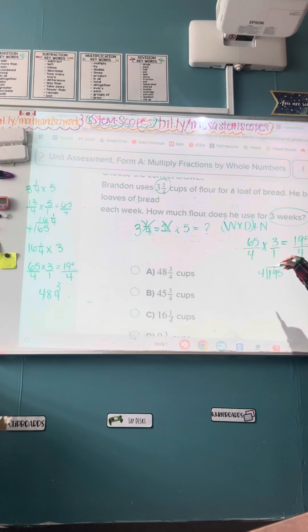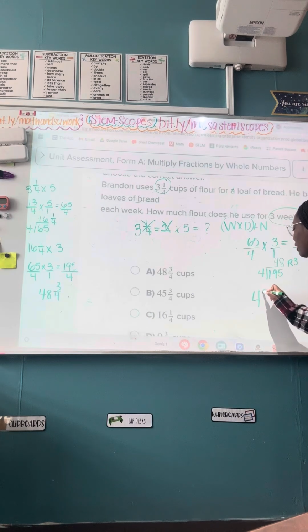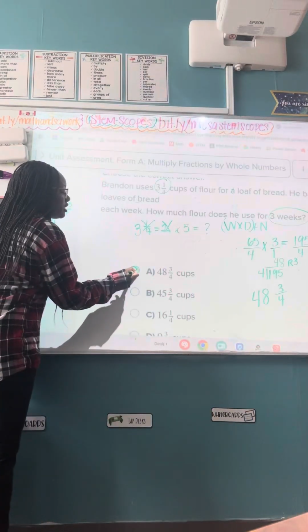So that's going to give me 48 with a remainder of 3. Okay? 48 remainder 3. So the number on the left becomes my whole number, and the number on the right becomes my new numerator, and my denominator is 4, and it stays the same. So the answer to this problem is 48 3/4, which is A.